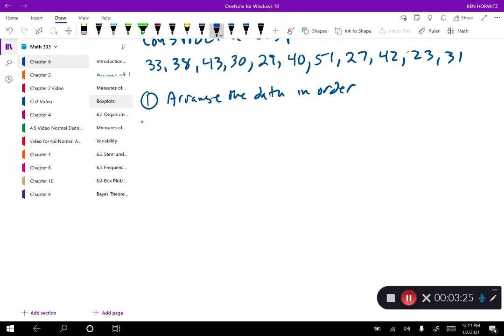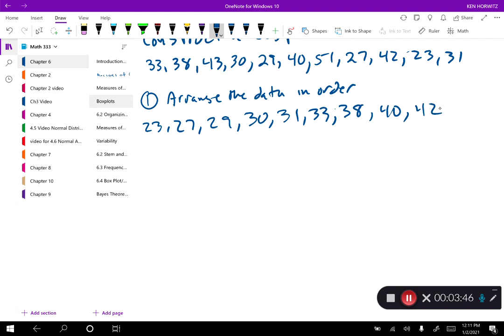All right, so I got 23, 27, 29, 30, 31, 33, 38, 40, 42, 43, and 51. So again, there's the minimum. Here's the max.